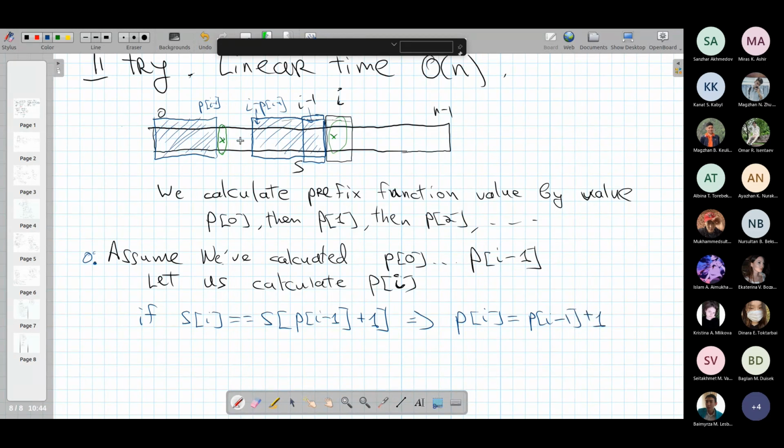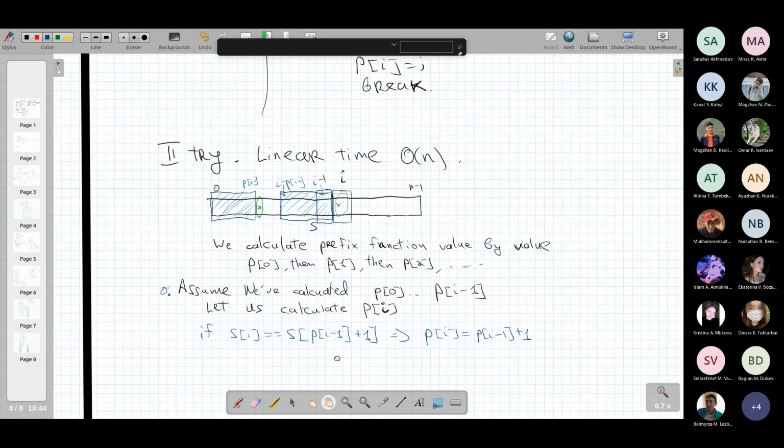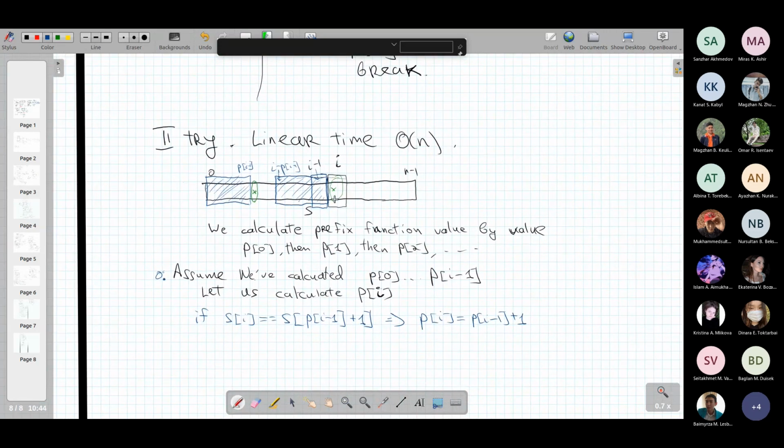Why? Because if so, this is for sure the largest string. This is for sure a prefix that is a suffix of the prefix i, which is a prefix of S. So we know for sure that this equals this.